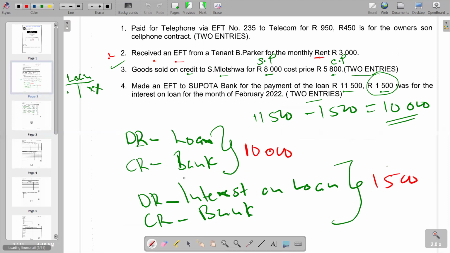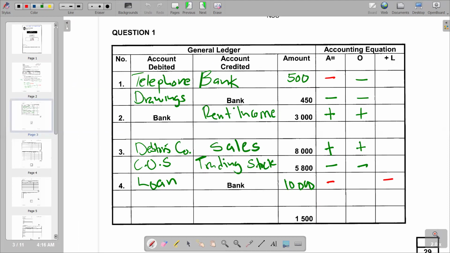Then we do this second double entry, where we are debiting interest on loan and crediting bank. So down here, we are debiting interest on loan, and then we are crediting our bank.